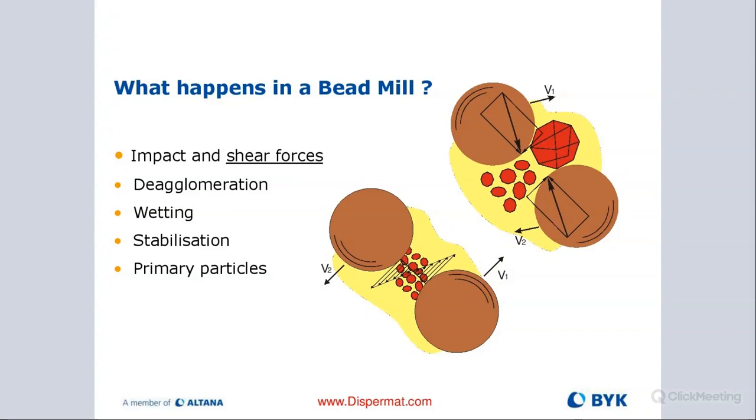As these beads collide with each other, the force that's being built up, the shear, is actually pushing away the pigment particles or these aggregates, and that shearing motion will cause the breakup of the binding forces, continually reducing the particle size.